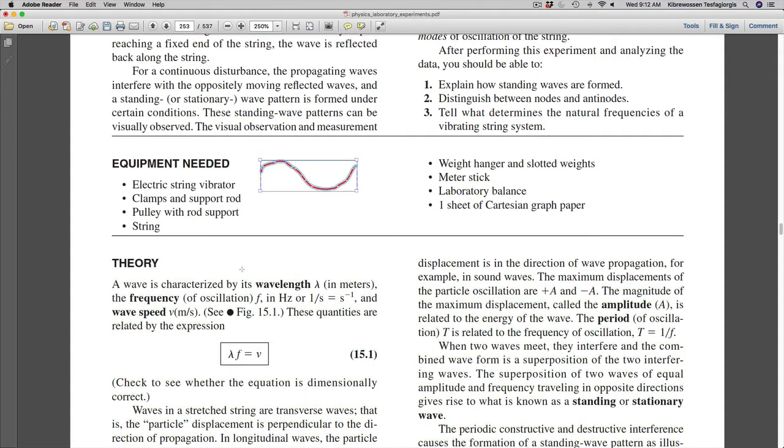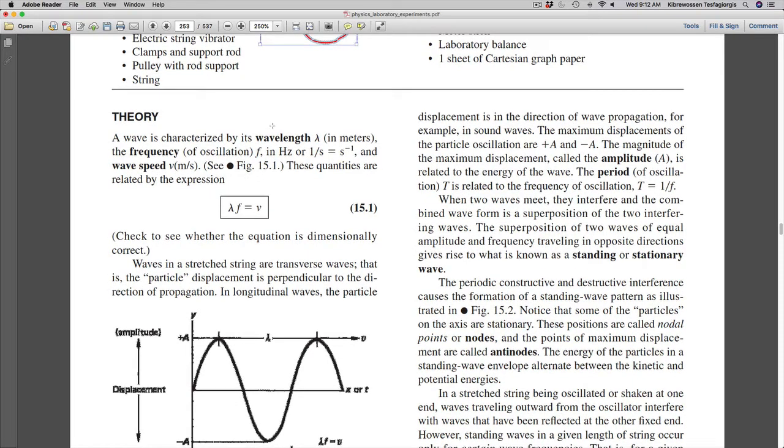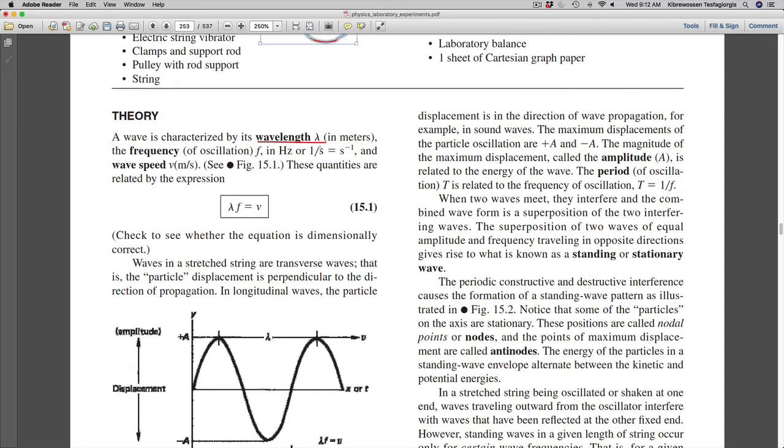Before we go directly into the experiment, the first thing you need to know is that every wave is characterized by a certain set of parameters. In general, waves are characterized by a wavelength, usually represented by the Greek letter lambda, and a frequency of oscillation.